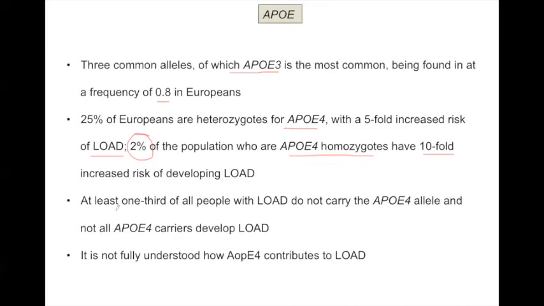So at least 1/3 of all people with late onset Alzheimer's disease do not carry the ApoE4 risk allele, and not all ApoE4 carriers will develop late onset Alzheimer's disease. So again, we're looking at a disease in which we have a very high risk allele, but by itself it does not explain or is not sufficient for the onset of this particular disease.